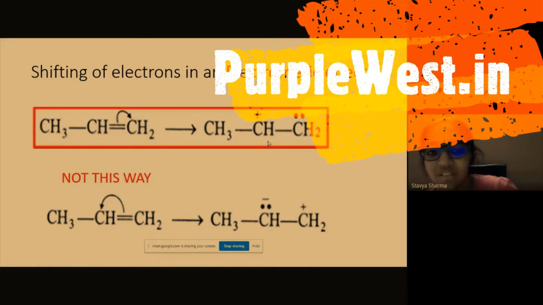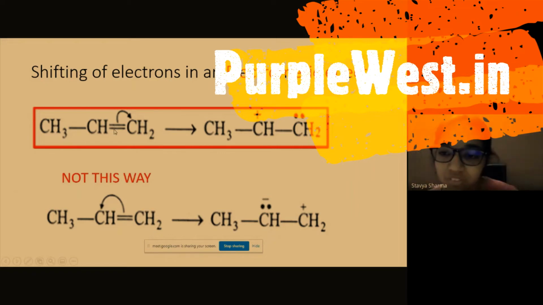Yes, the one carbon which has a lone pair of electrons, it will be CH3. Why CH3? Hydrogen did not move. Only electrons moved, the pi electrons. So why would it be CH3? How many electron pairs were there between these two carbons?